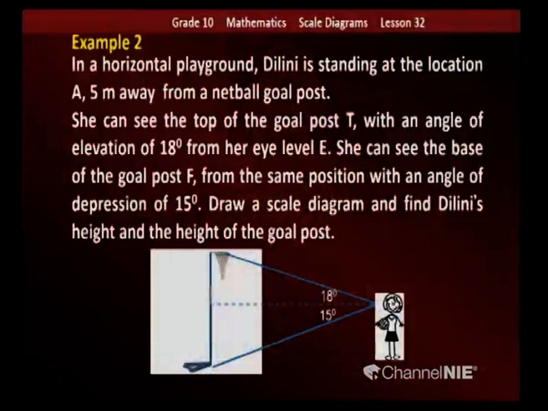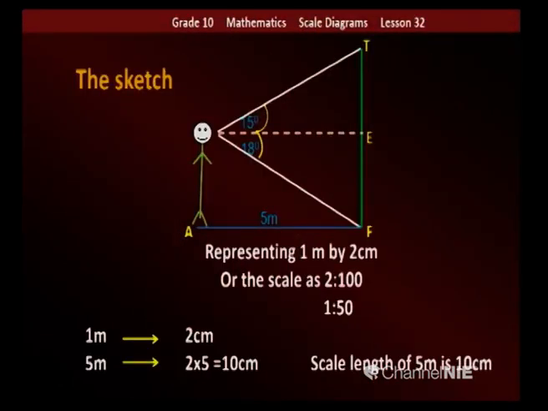Okay. Now here the diagram shows the details. Now shall we draw the sketch diagram depicting the information given? Just a sketch, a rough diagram. Without measuring, I am just drawing. Now see, Dilini is at the point A. The top of the goal post is T. And the foot of the goal post is F. And see, the eye level is given as E. Okay, the magnitudes are mentioned there.